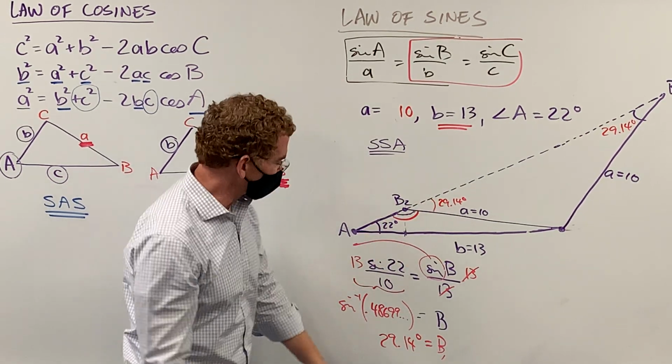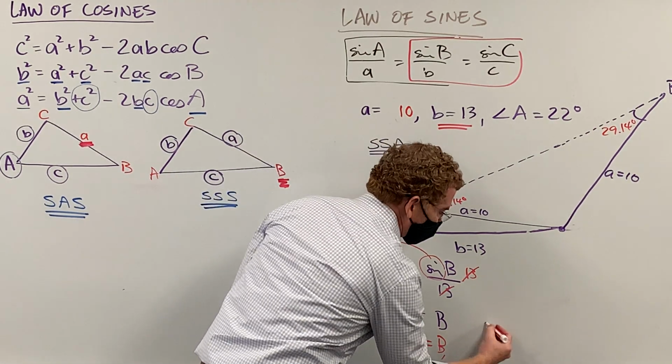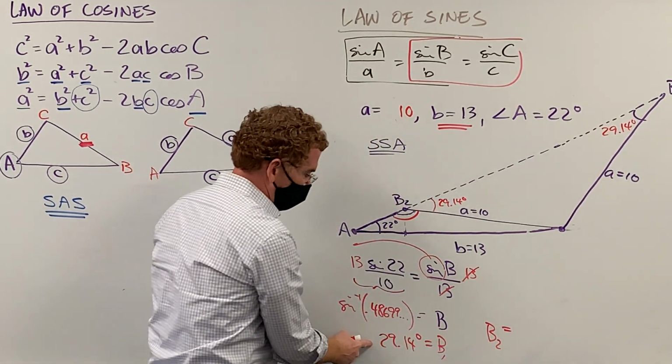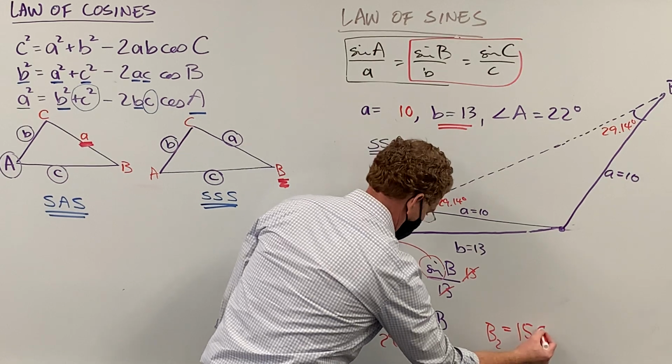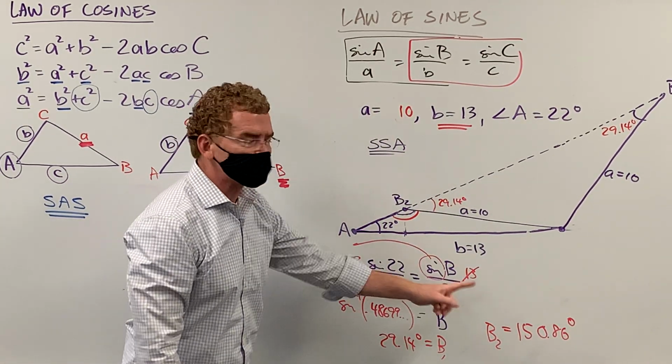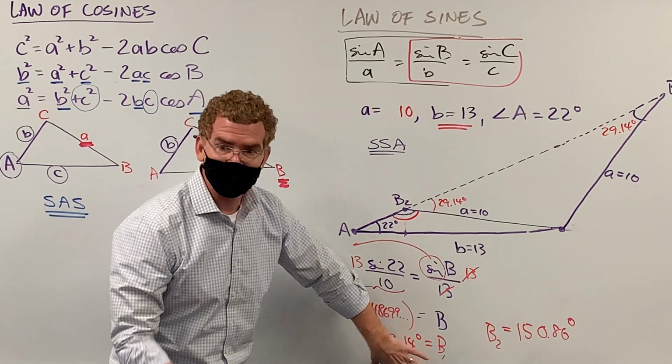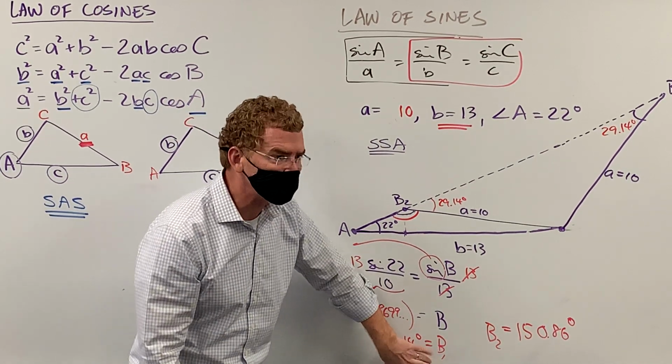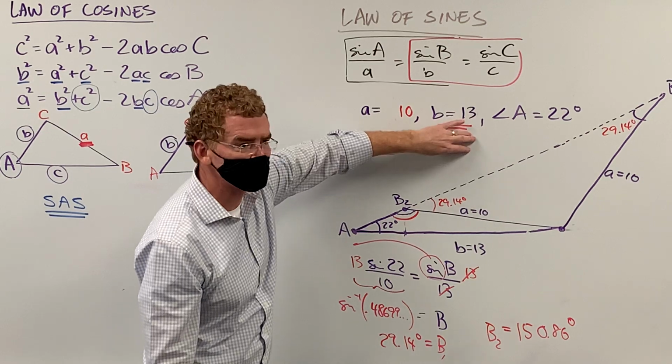So all you got to remember is, B1 is whatever your calculator gives me, and B2 is 180 minus that, which is 150.86.